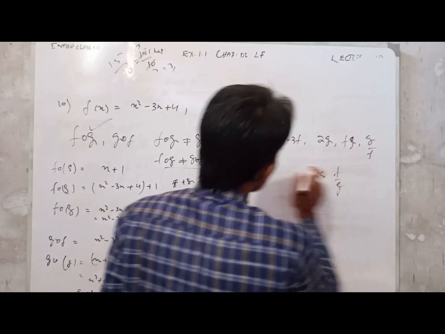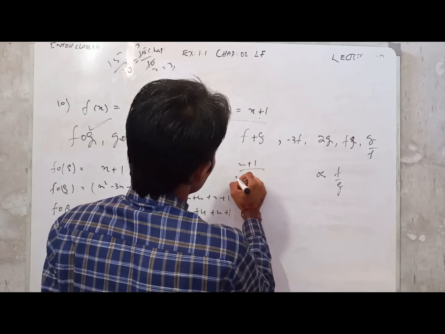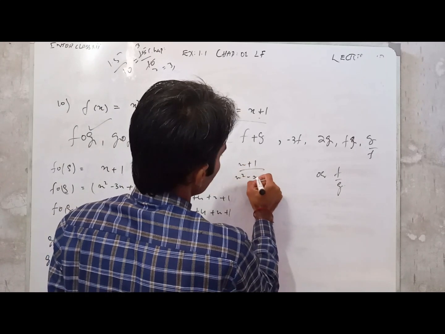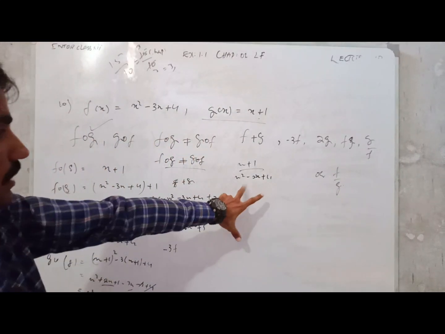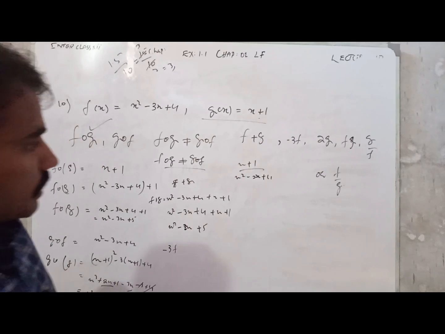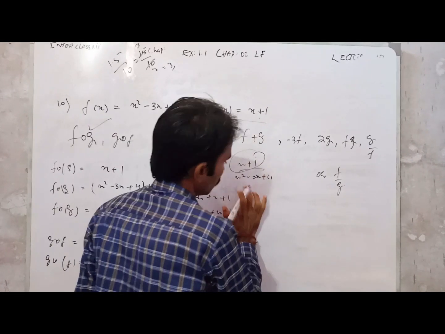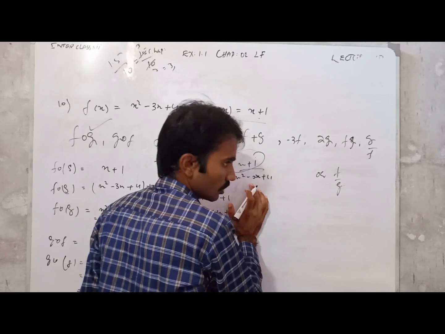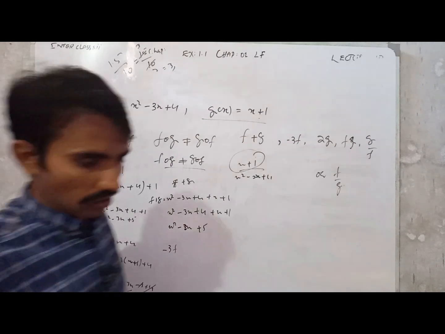For g over f, x plus 1 divided by x square minus 3x plus 4, it's not defined, because the numerator is a smaller term than x square minus 3x plus 4. We cannot divide like that.